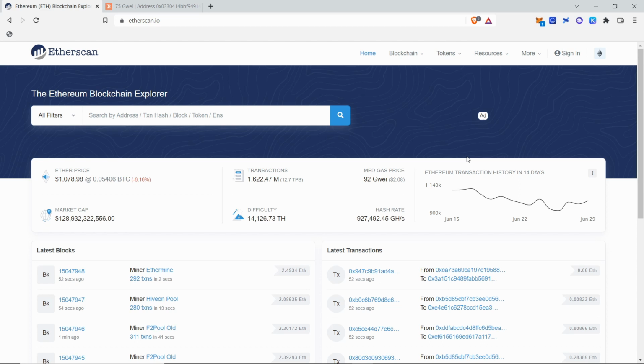So make sure you remember that and don't blindly copy trade these whales. Besides, a lot of their strategy and their management is very different from your average investor. There's a lot of information to gather from them and take from them, but make it one part of your analysis.